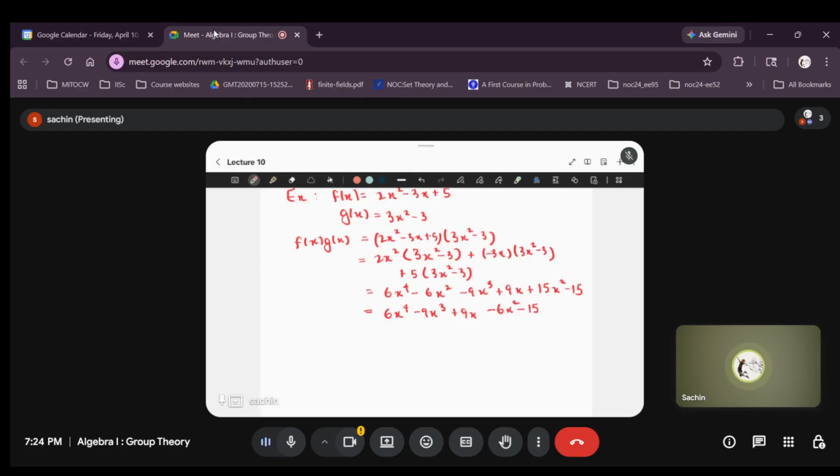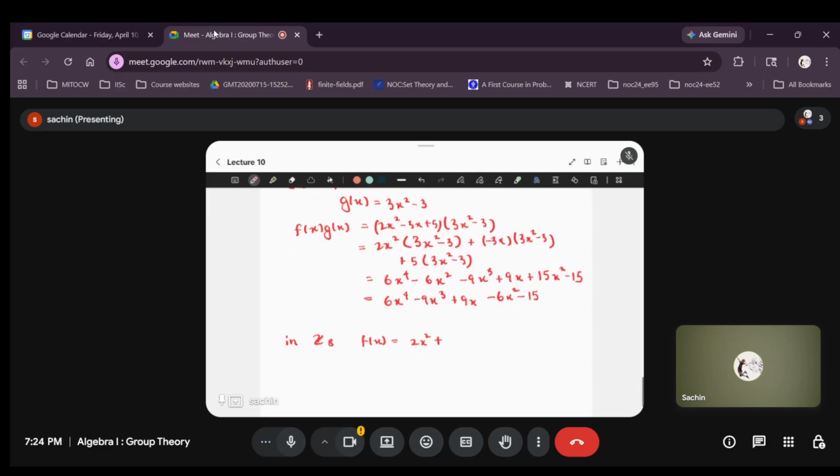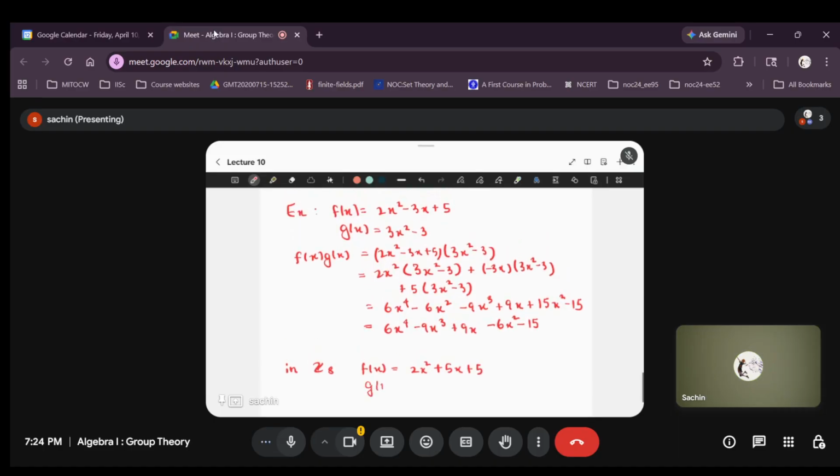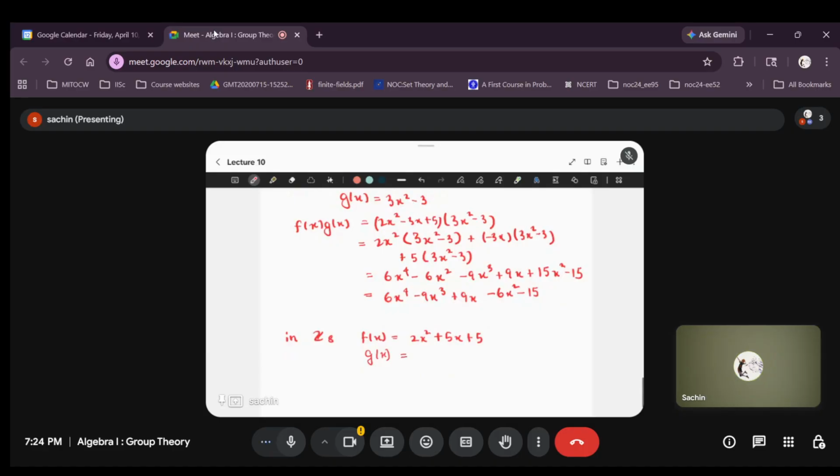Same way, if you had a different ring instead of Z, if you had Z8, then what would happen is this f of x would be 2x² minus 3x plus 5, and 2x². Instead of minus 3x, it's plus 5x plus 5. g of x would be 3x² plus 5.